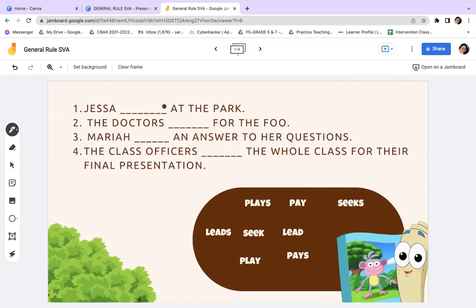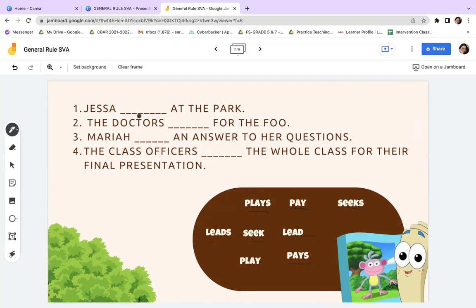Now we have: the doctors blank for the food. Number three: Mariah blank an answer to her questions. And number four: the class officers blank the whole class for their final presentation. You can choose whether it is place, pay, seeks, leads, seek, lead, play, or pace.